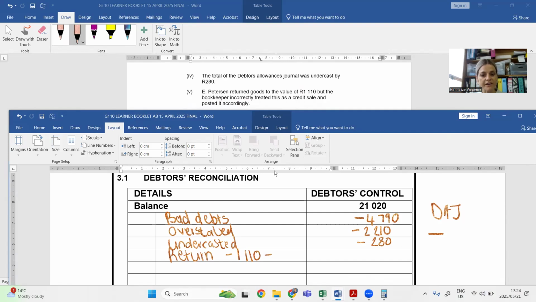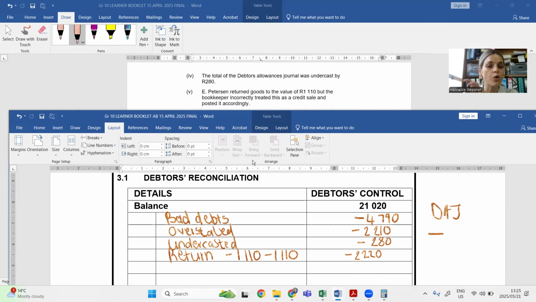So when you have an error in the books that you have recorded a transaction as a credit sale and it should have been a debtors allowance, then you need to remove it twice, because you are first fixing what went wrong, and then you are recording the correct entry.